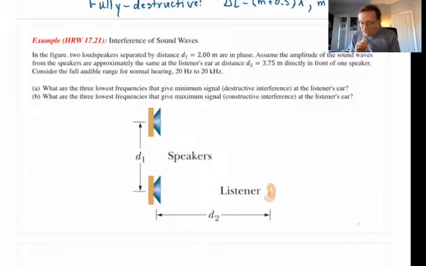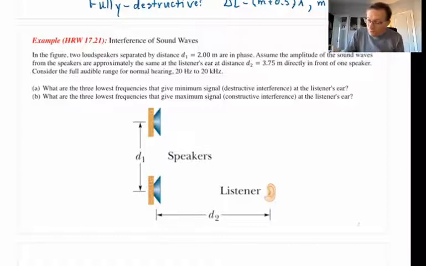Assuming the amplitude of the sound waves from the speakers are approximately the same at the listener's ear, and see the listener's ear down there? That's our detector, okay? And that listener's ear, our detector, is at a distance d2, 3.75 meters directly in front of one speaker. Okay, that's the setup.